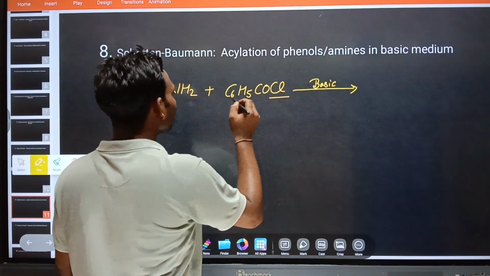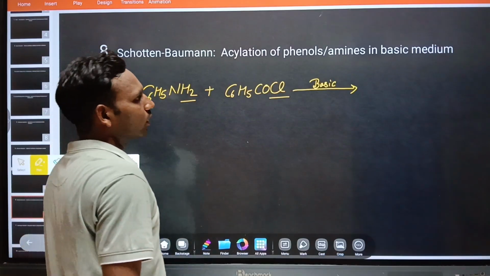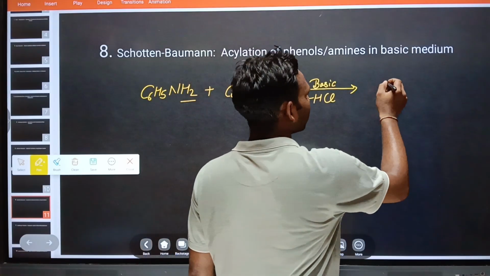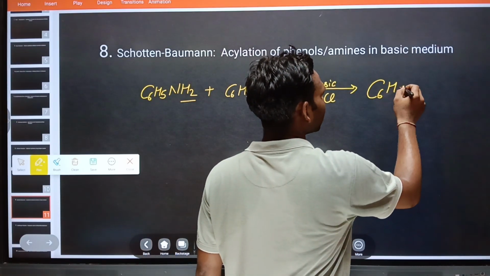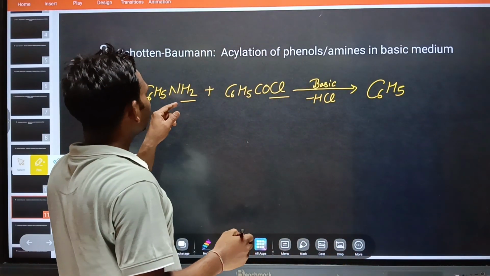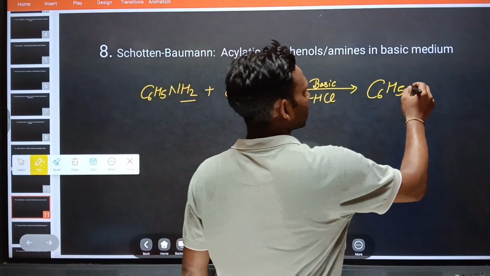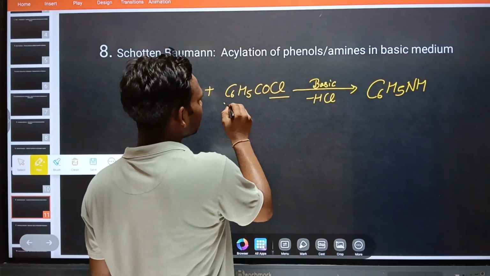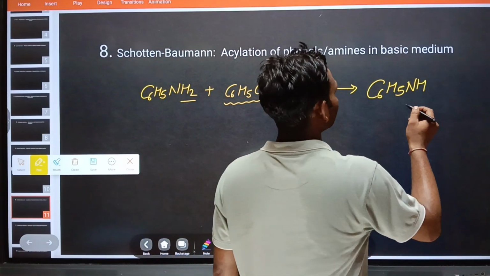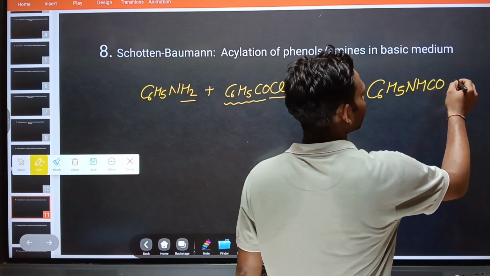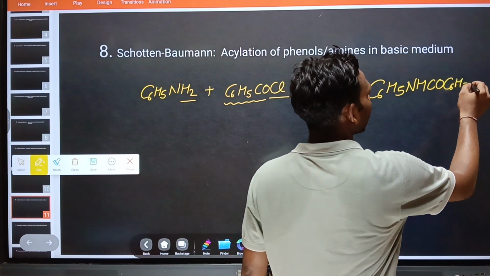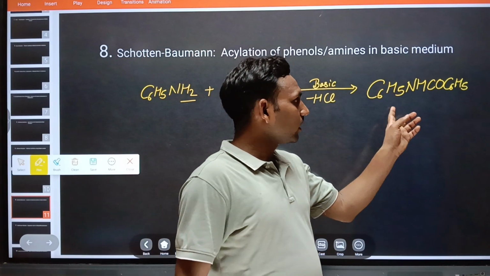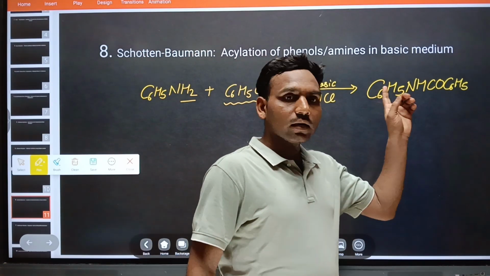here the HCl, the H is removed, meaning minus HCl. Then forms C6H5, here the remaining NH, and here C6H5COCl. We get NHCOC6H5. That's the name, phenyl aryl amide.